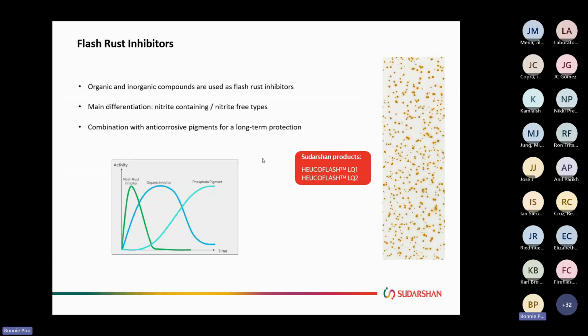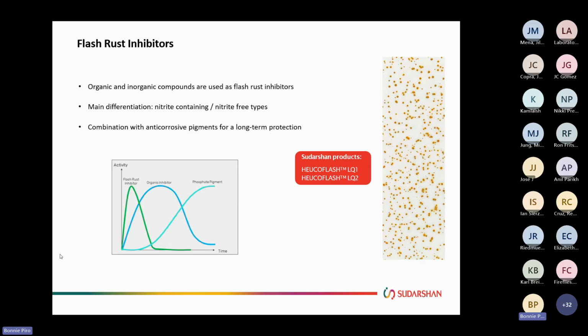And again, as far as the synergistic effects, this is another example of how this works a little differently, and in combination with other pigments can provide the ultimate in terms of corrosion resistance. So these also come in two different types: nitrite containing and nitrite free.